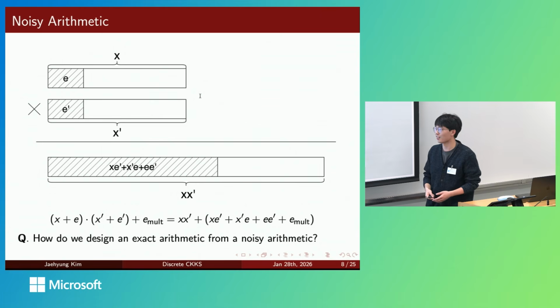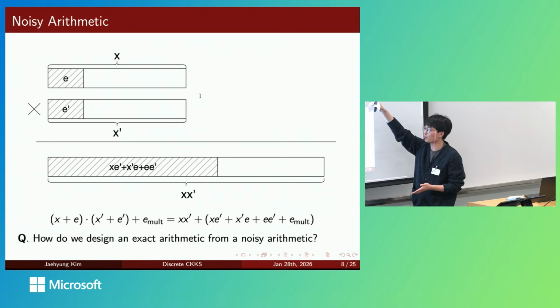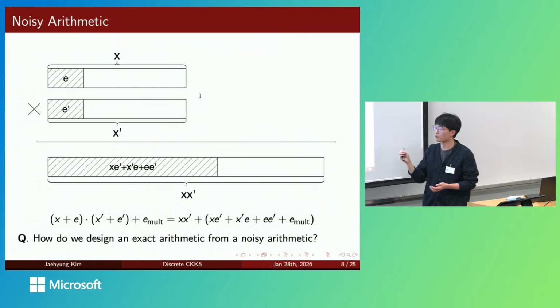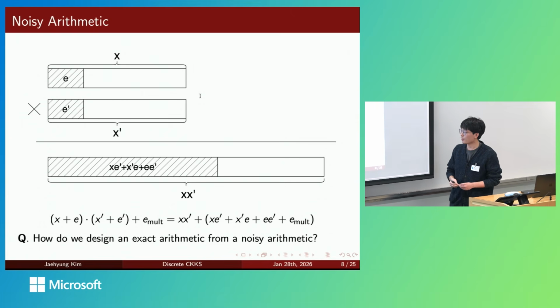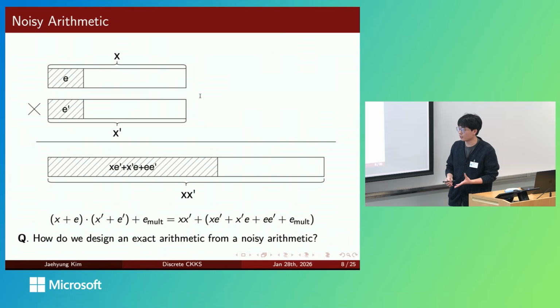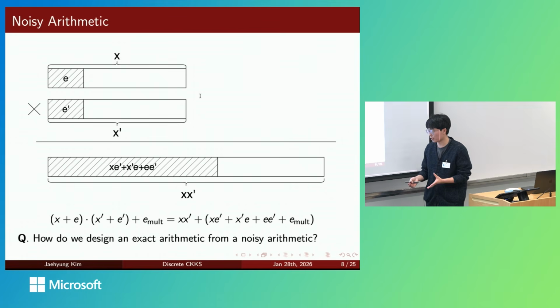What it means is that we want to compute on an integer x, but they are actually x plus e and x prime plus e prime for some small errors e and e prime. Another property is that every multiplication accumulates some additional noise from the least significant bits. So you will be adding more noise after every multiplication.